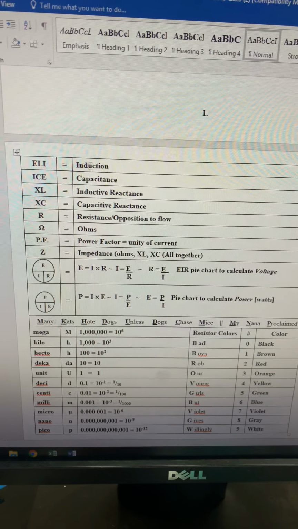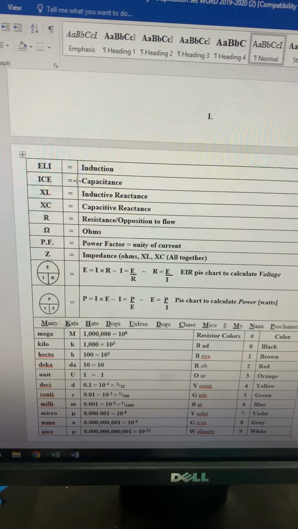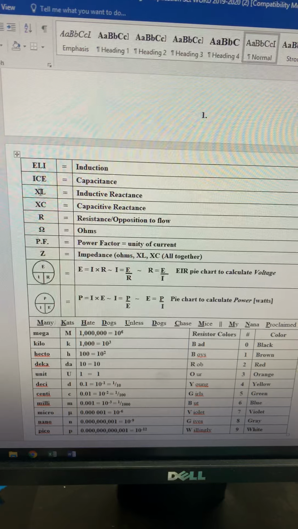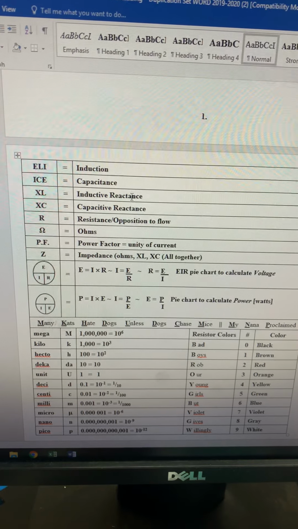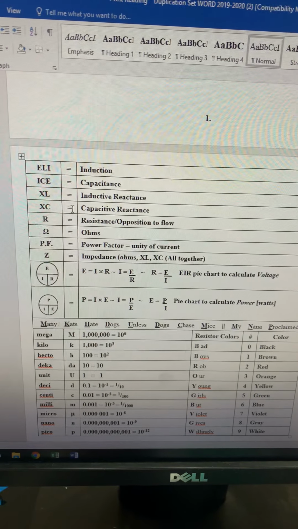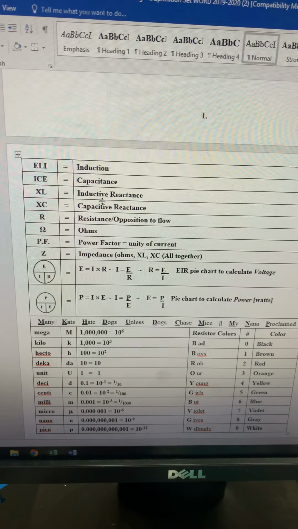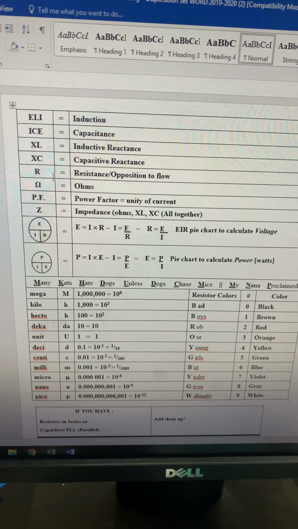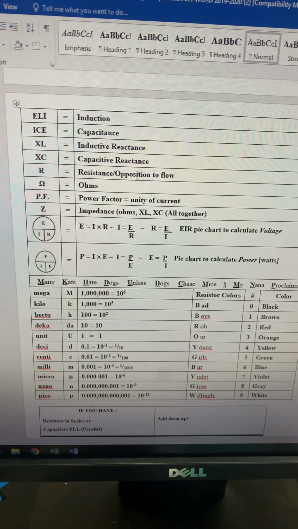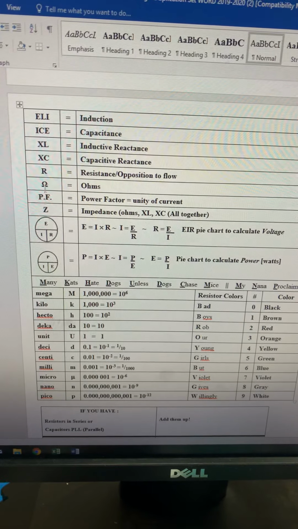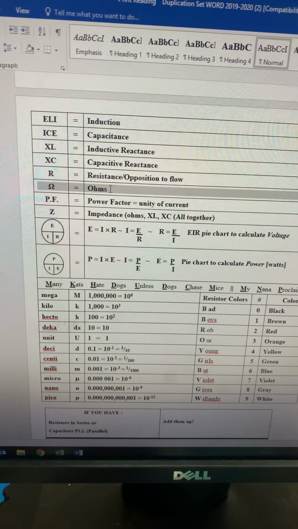ELI stands for induction. I stands for capacitance. XL, inductive reactant. XC, capacitive reactance. R is resistance, opposition to the flow. We measure the resistance in ohms. So here's the ohm symbol right here.